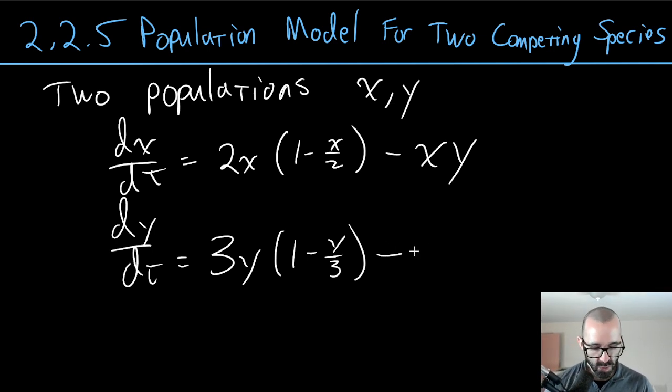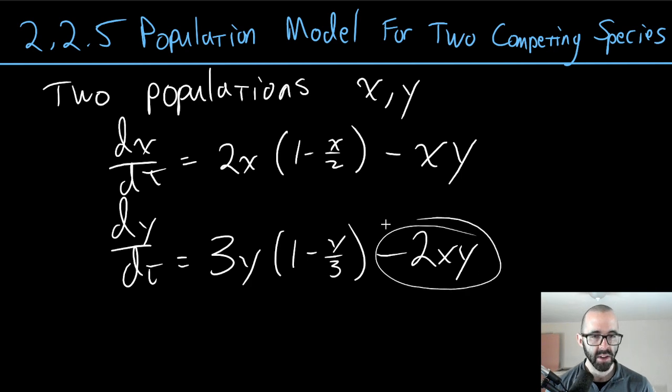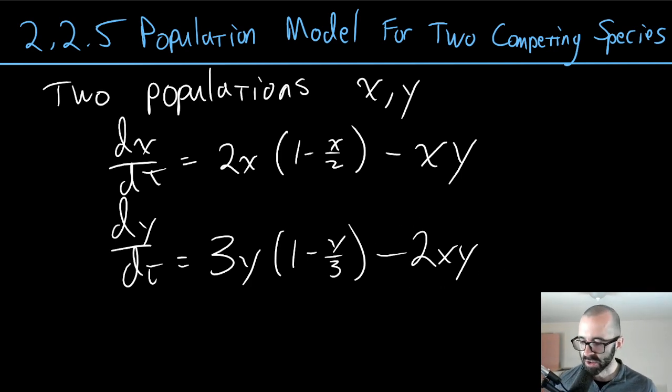But then we're also going to subtract 2 times X and Y. So we can see that this species is punished more, maybe they require more resources or something like that, or they're more impacted by the presence of that X population. They have a bigger negative factor here. And again, we're only going to look at anything in the first quadrant because we're looking at populations.